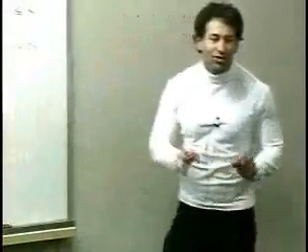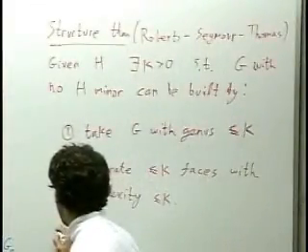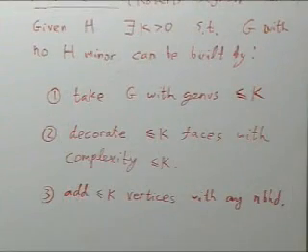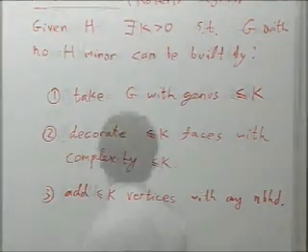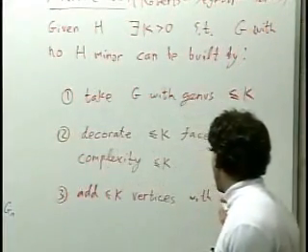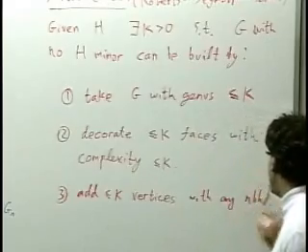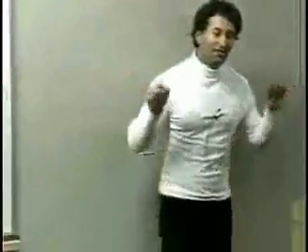The complexity controls how you can connect these new vertices to the boundary of the face. The third step, you can also add at most K vertices with any neighborhood. So you can add some small number of vertices, and connect them to anything you want.